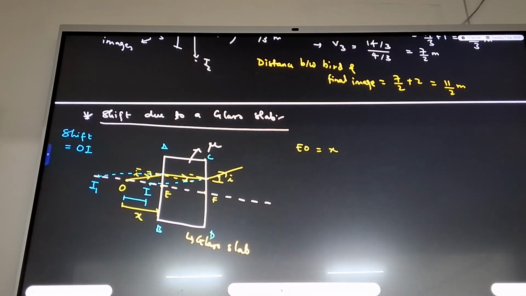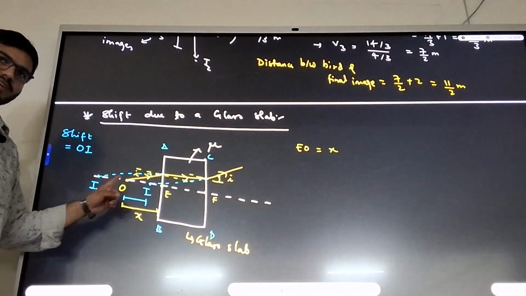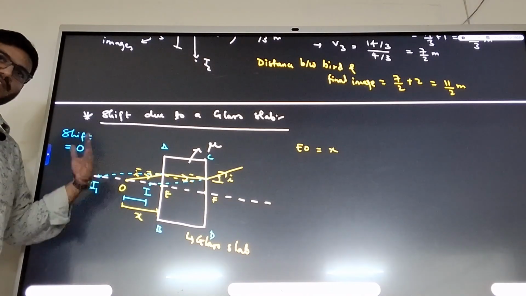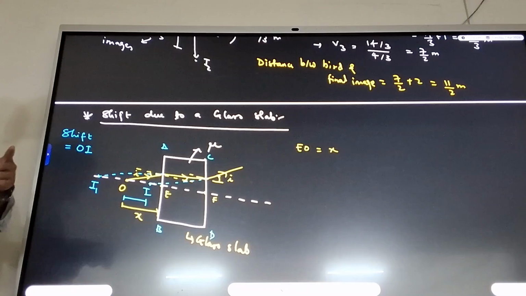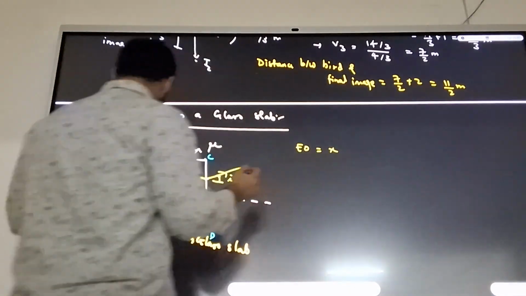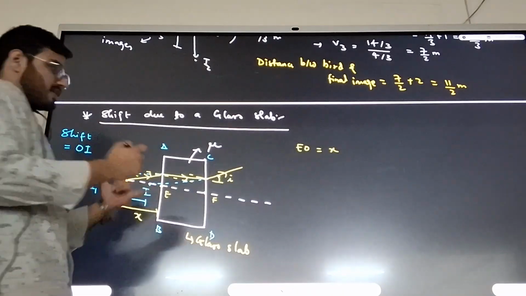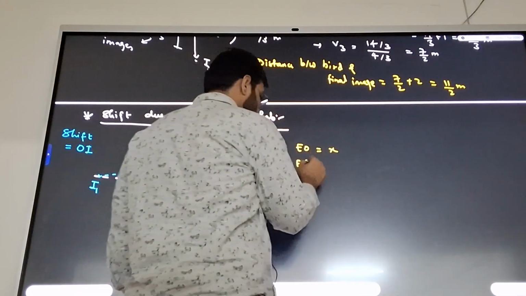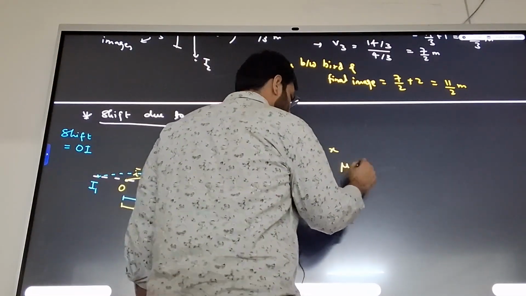Now tell me, which case? Refraction is occurring. Second case, because this is a real object and the object is placed in air. Multiply by mu or divide by mu? Multiply by mu. So this distance EI1 will be mu times x.